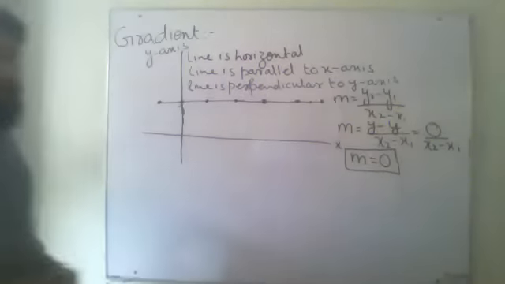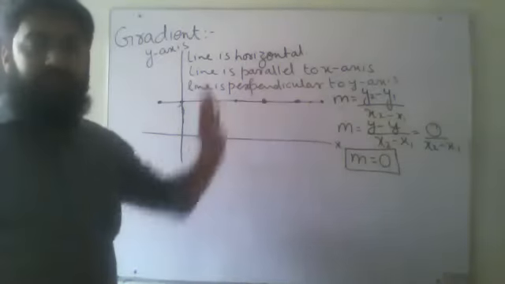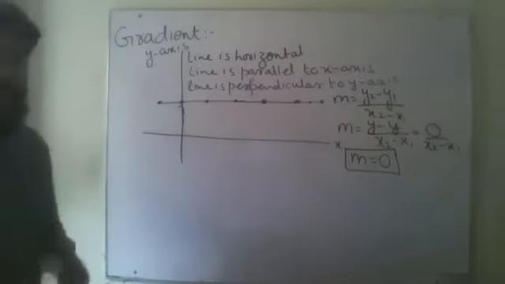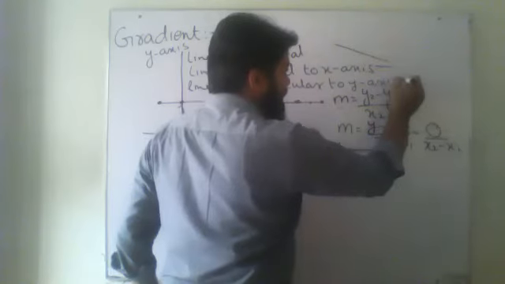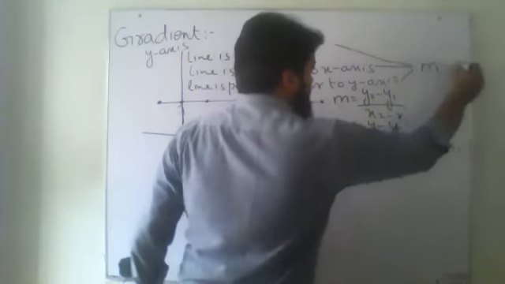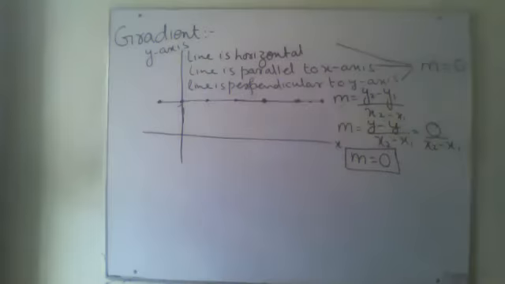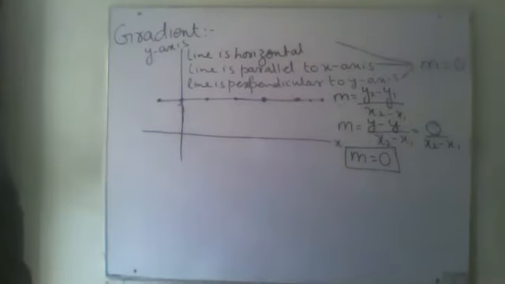If any of these 3 conditions are given to you, it means you will directly say that the value of m will be taken as 0.